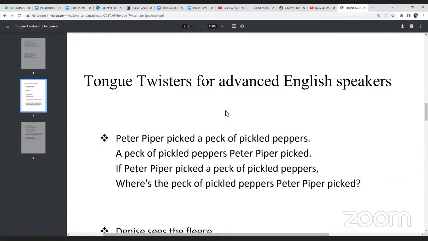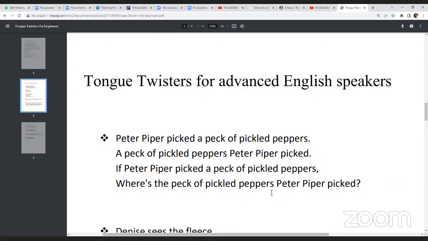If Peter Piper picked a peck of pickled peppers, where's the peck of pickled peppers?